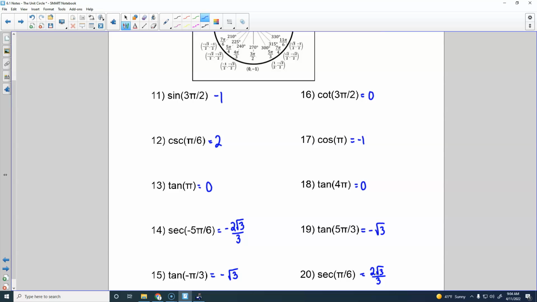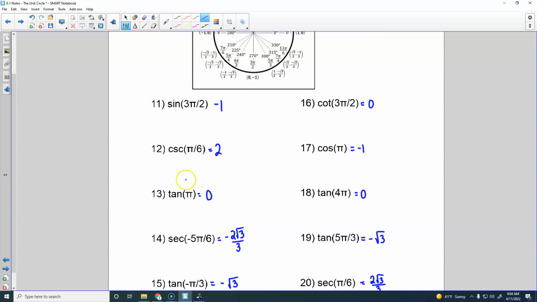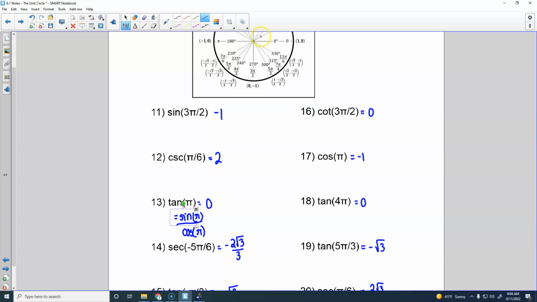Okay. Are there any that we need to see? Any questions? Yes, Hallie. 13. All right, so for tangent, we will be doing sine of pi over cosine of pi. And so when we look at pi, our y coordinate is our sine, so that's a 0 that we'll have on top.